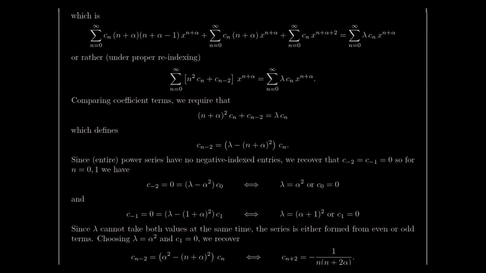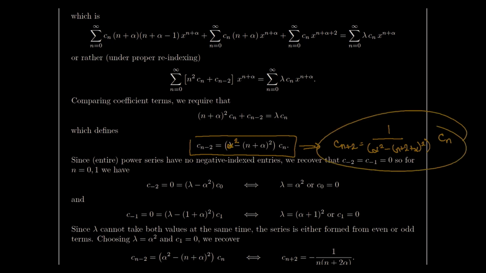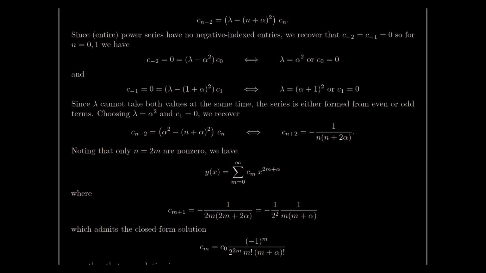What I can do is jump back up to here and put an alpha squared in here. Now that I know that lambda has to be alpha squared, I can rearrange this to say that c_{n+2} is equal to 1 divided by ((alpha squared minus (n+2) plus alpha) squared), all times c_n. So there's a nice little relationship between c_n and c_{n+2}.